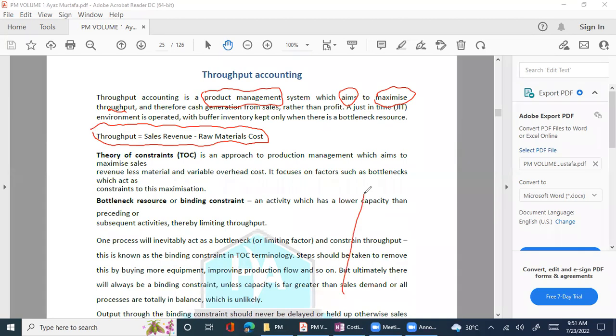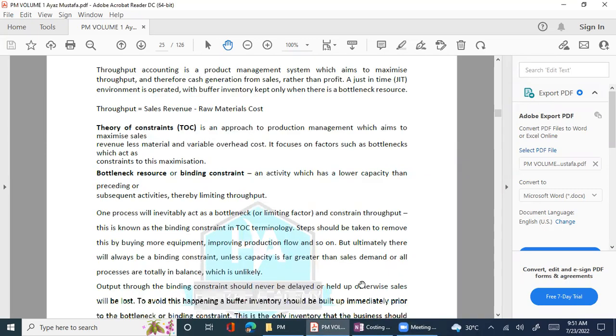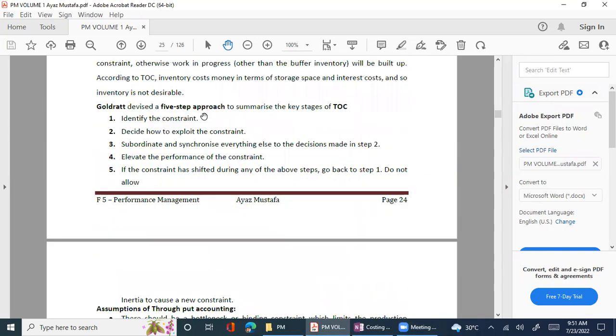First of all, in this topic we need to identify the bottleneck. This is the first step: identify the constraint. The second step is to decide how to exploit the constraint. Then subordinate and synchronize everything else, then evaluate the performance.